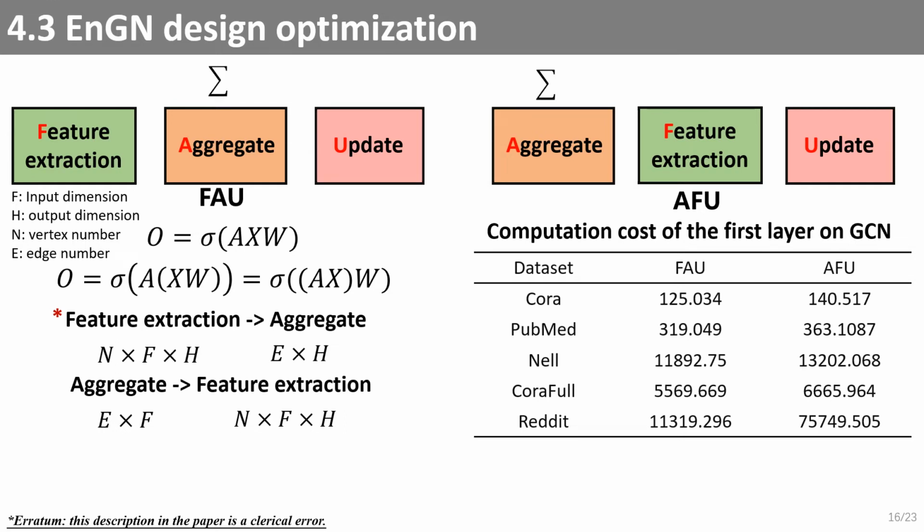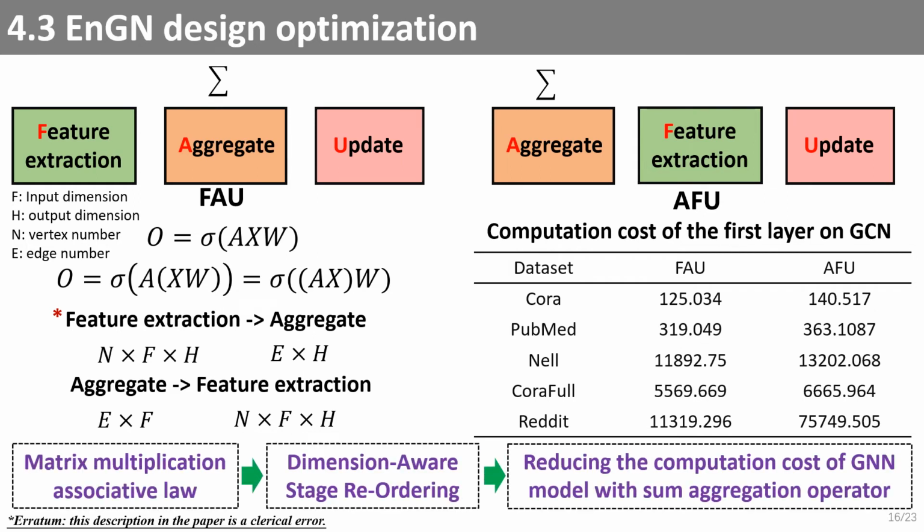In this case, we should select an optimal computation order according to the values of F and H. Thereby, we propose a dimension-aware stage reordering method based on input and output property dimensions to optimize the computation cost of the graph neural networks.